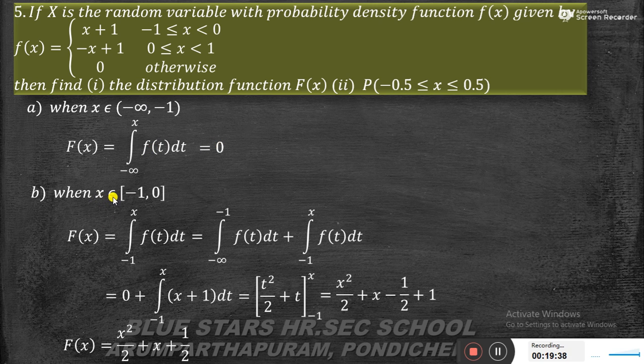Next, x belongs to minus 1 to 0. So x belongs to minus 1 to 0 means capital F of x equals the integral from minus infinity to x of f of t dt. The limit splits as minus infinity to minus 1 plus minus 1 to x.